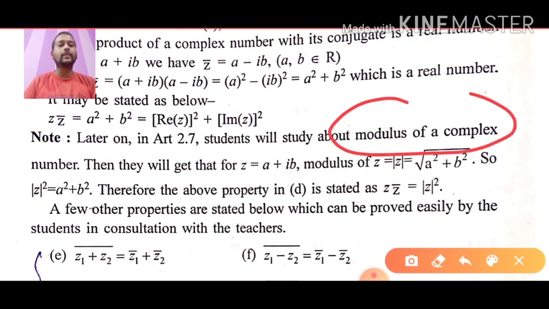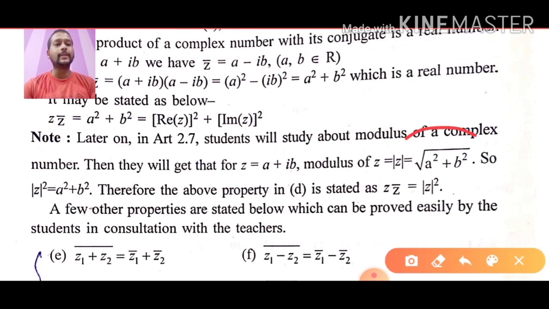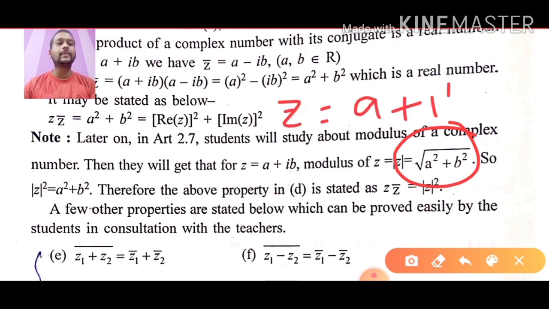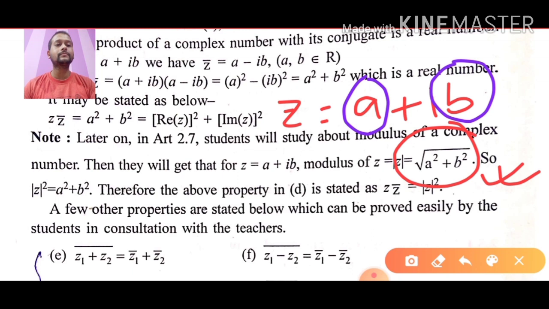This is one of the most important parts in complex numbers. The modulus of z, when z is the complex number a plus ib, is root over of a square plus b square, and we can get the values of a and b from here. Yes or no?